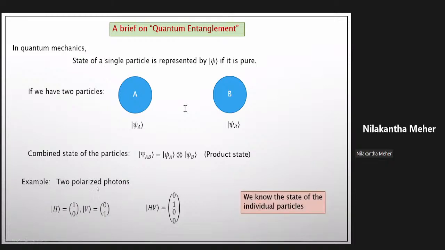If there are two polarized photons and the first photon is horizontally polarized, represented by (1, 0), and the second photon is vertically polarized, represented by (0, 1), then we can write the total combined state HV as (0, 1, 0, 0). And we know the state of the individual particles here, the first photon and the second photon.